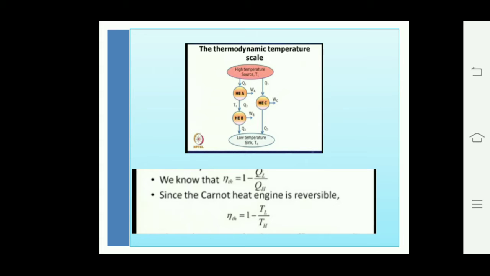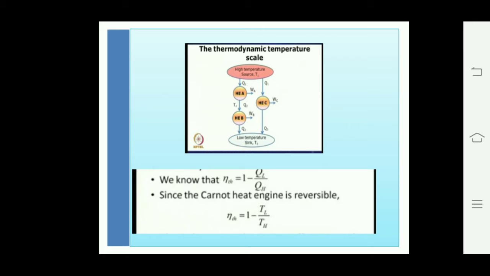And if we have a lower sink temperature, that will also give us a high efficiency. It simply means that a high temperature source with a low temperature sink will give us a high efficiency. If our source has a higher temperature and our sink has a lower temperature, that will give us maximum efficiency.